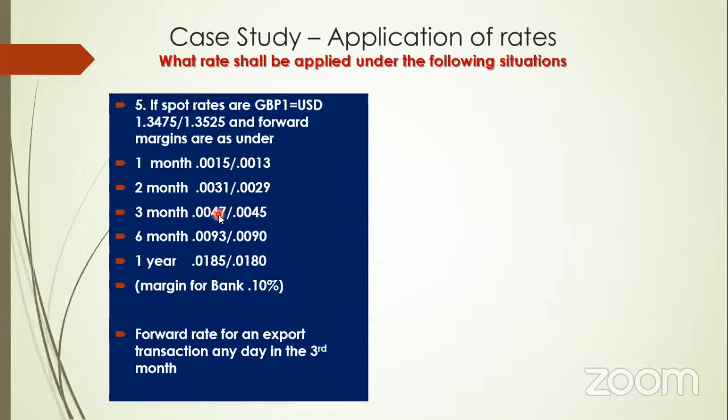You have to take the highest. You have to deduct the highest, because any day means it can be on the first day of the 3rd month or on the last day of the 3rd month. Why is he booking the contract like this? He is expecting an export bill, realization of an export bill, or an inward remittance any day in the 3rd month. Sir, it may come on March 1 or at the end of March.